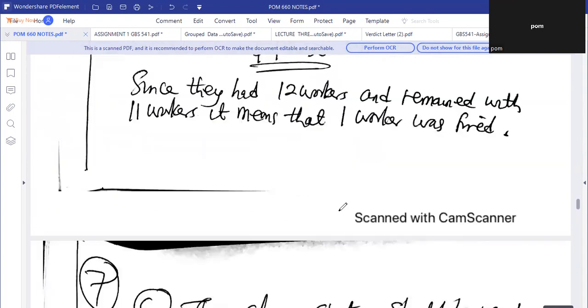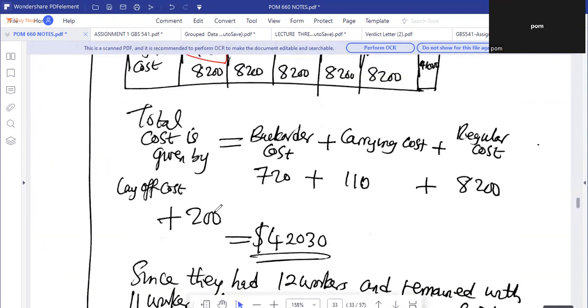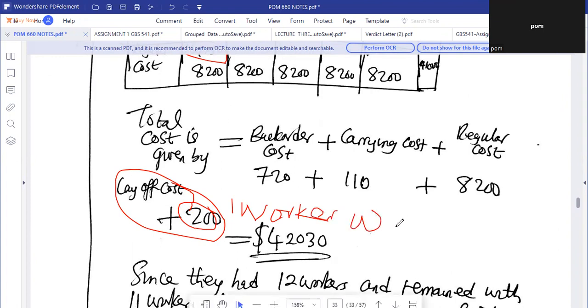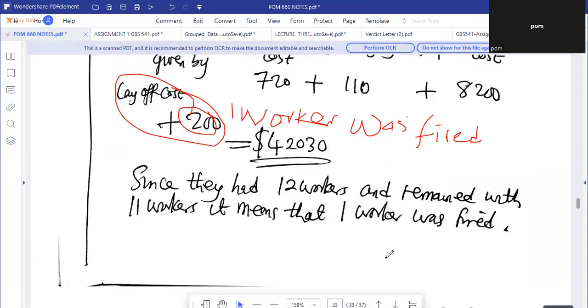So this is why we are saying this is the layoff cost, because one worker was actually fired. So this is the way it's supposed to be presented in terms of calculations for both strategies. So this is for the $2,030.